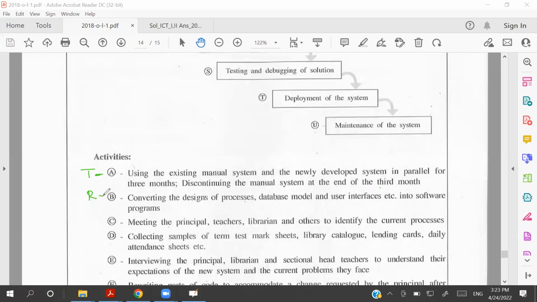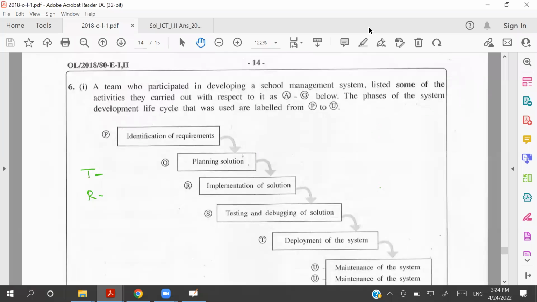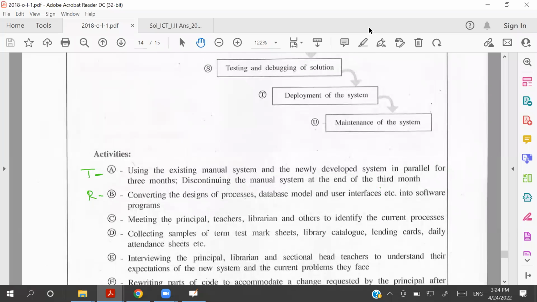Meeting the principal, teachers, librarian, and the others to identify the current process. So this is going to be in the very first phase of it, that means identification of requirements. Right, so it's going to be in P. And the D part, it's saying collecting samples of term test mark sheets, library catalogs, lending cards, data sheets.